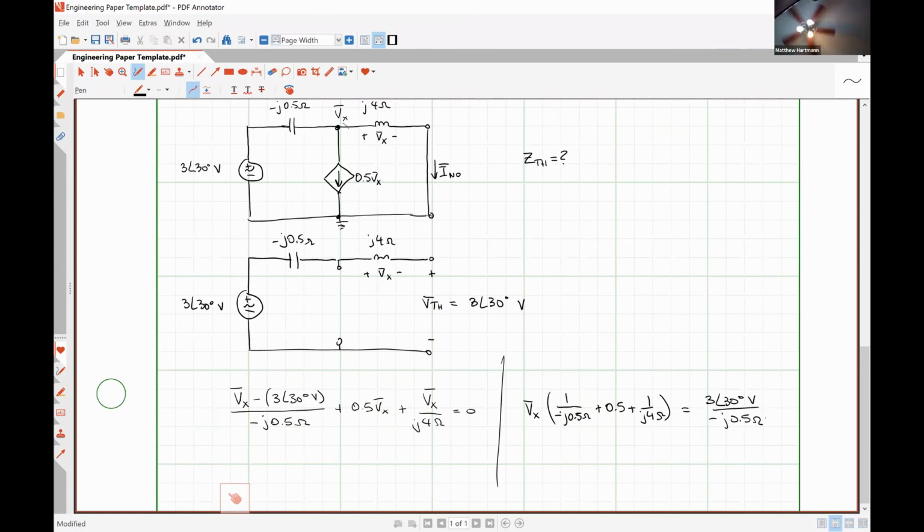So let me make sure that I did my algebra correctly. I took this guy, factored out Vx, this guy factored out Vx, this guy factored out Vx. It looks like all my signs are correct. I moved this guy over to the right-hand side, and in doing that, I had to move the whole fractional form. So this negative sign here got canceled out when I moved things over, and I'm retaining that one.